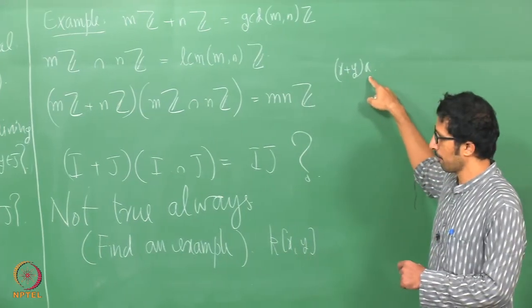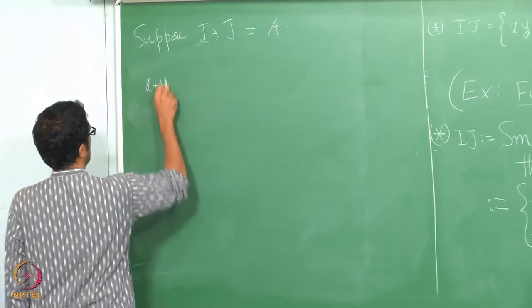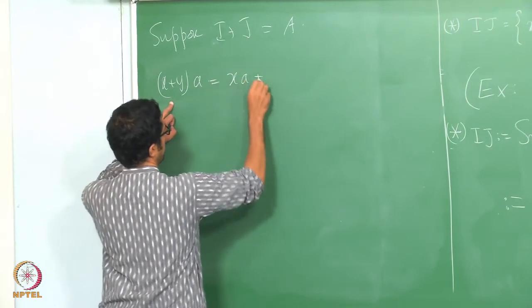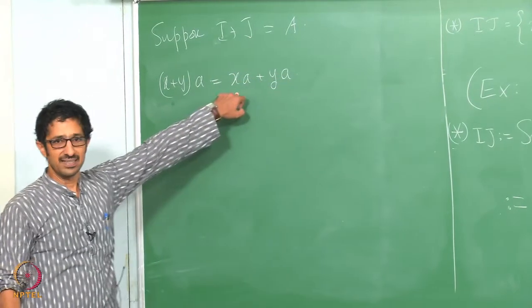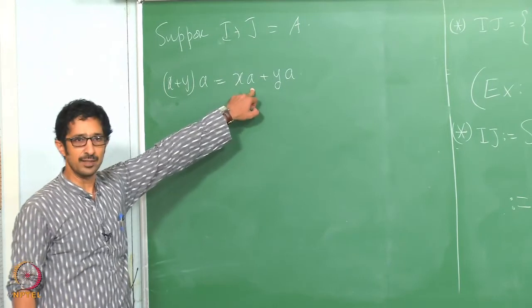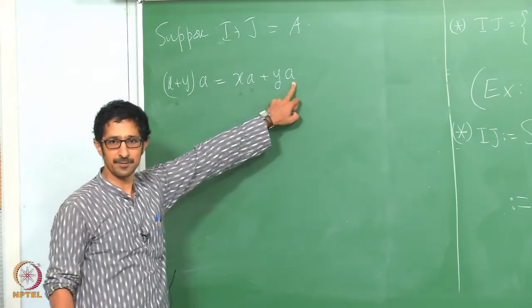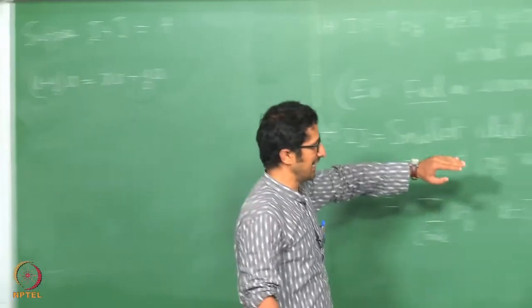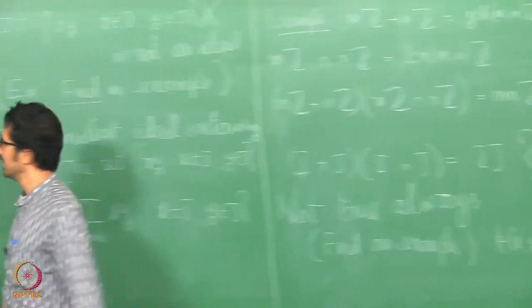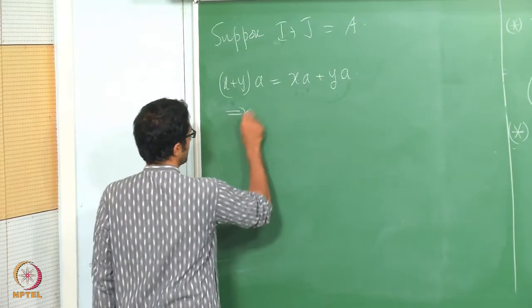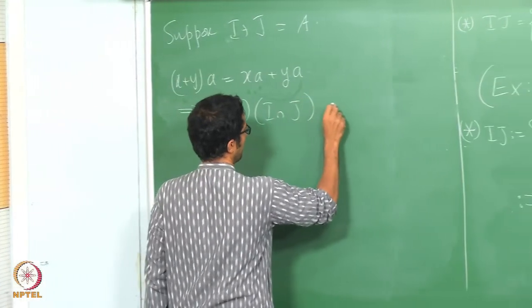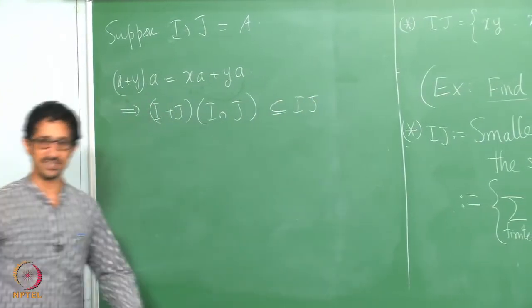So I look at x plus y times a, then this is xa plus ya. xa is in IJ, ya is in IJ, therefore this is in IJ, therefore the left hand side is contained in the right hand side. So I plus J times I intersection J is always contained in the product ideal IJ.